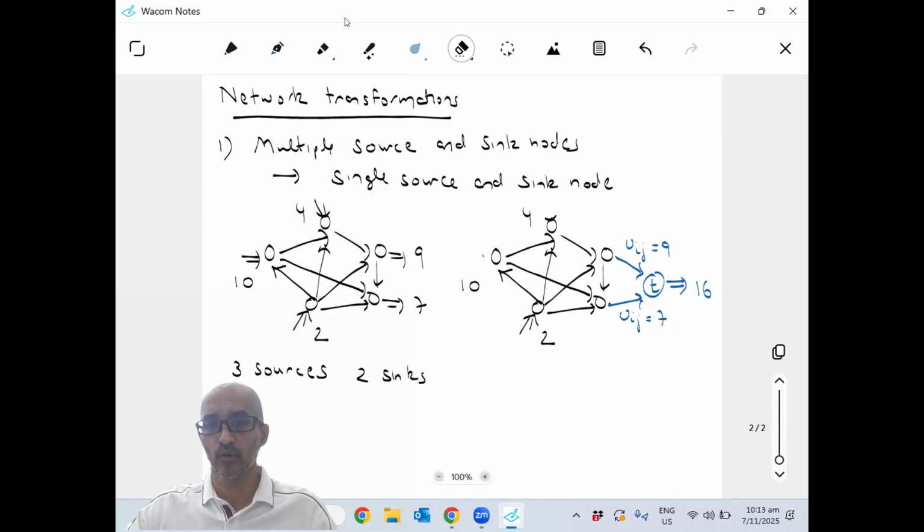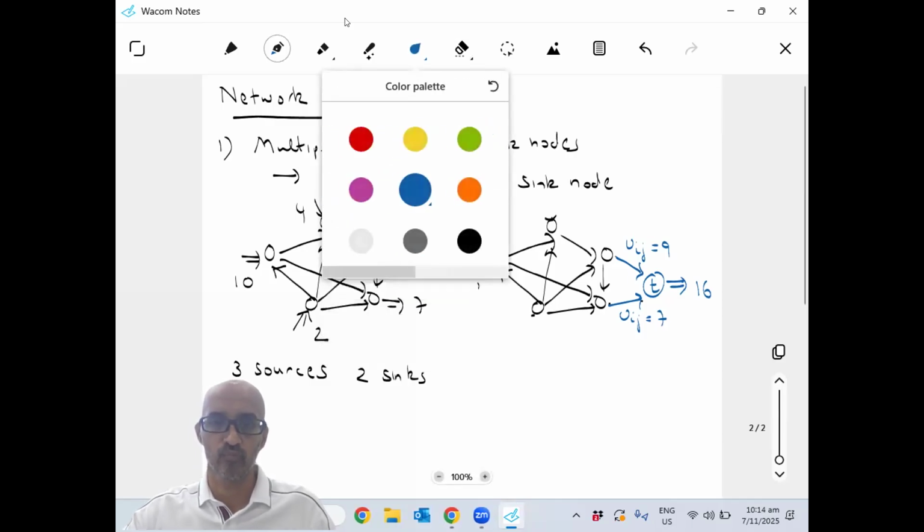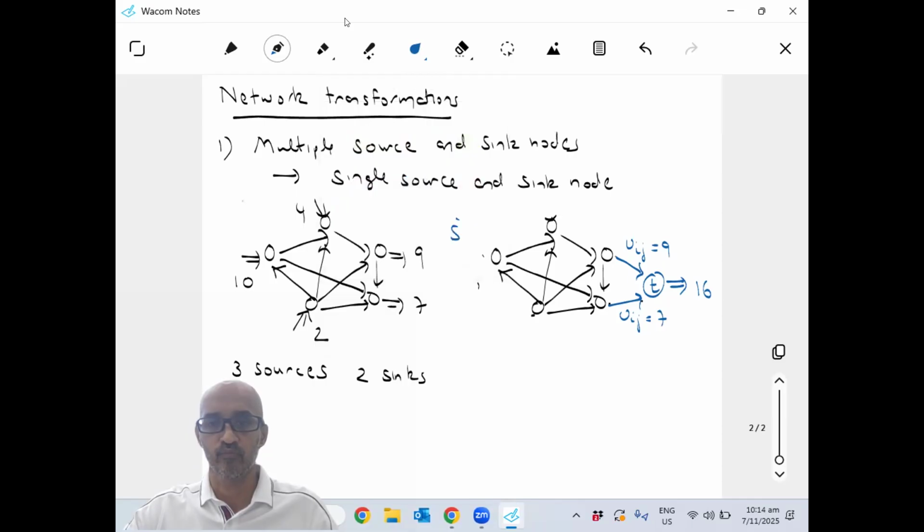I could add a source node and just add links here, send in an external flow of 10 plus 4, 14, plus 2, 16, and make the capacities here 4, 10 and 2. So this is one source, one sink. Everything else now is a transshipment node, except for the source and the sink.